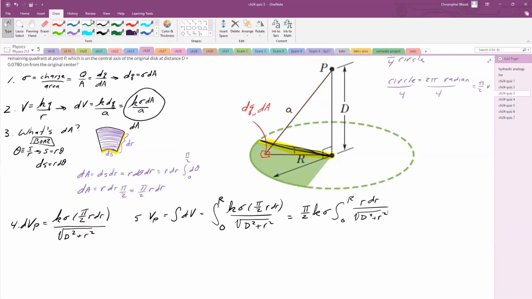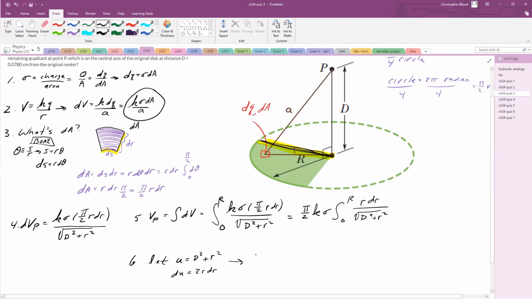Number 5, number 6. Let u equal d squared plus r squared. That means du is going to equal 2r dr. So then my integral is going to be pi over 2 times k sigma, integral from 0 to r of r dr, or 1/2 du, all over the square root of u.